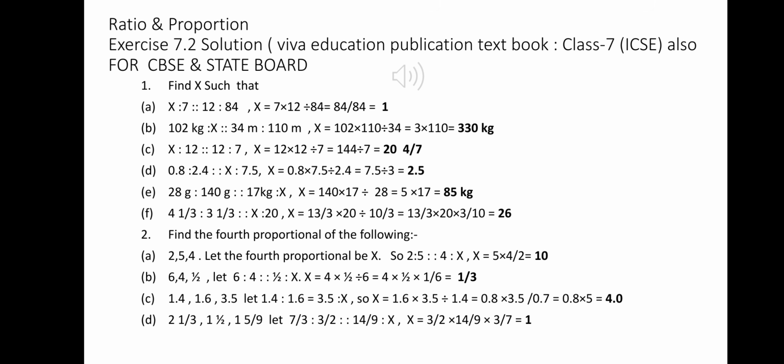Here 3 upon 2 into 14 upon 9 into 3 upon 7, that gives you 2 gets cancelled with 14, that is 7. 7 upon 7 is 1, and 3 into 3 upon 9 is also 1. So 1 is the answer of the D question.